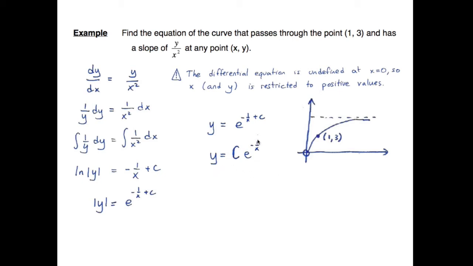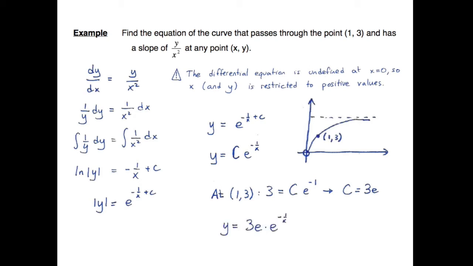We can bring the plus c in front, y equals capital C times e to the negative 1 over x, and then solve for our particular solution. So x equals 1, y equals 3, 3 equals capital C times e to the negative 1, which is 1 over e, and therefore C equals 3e.